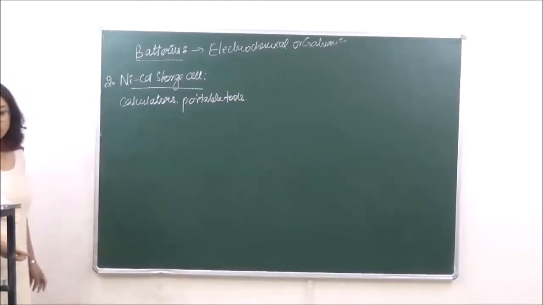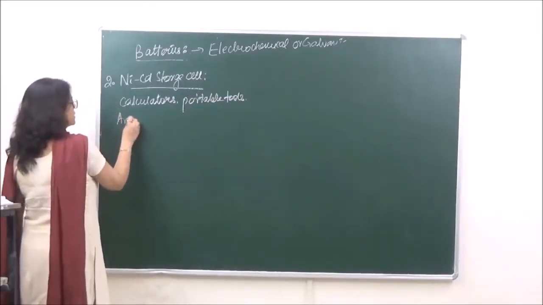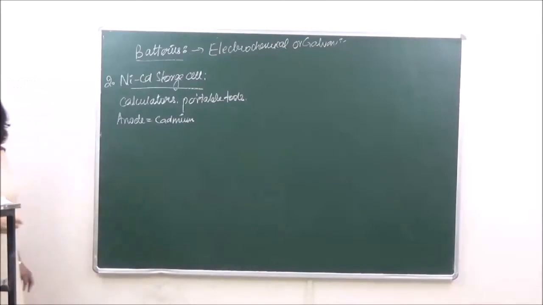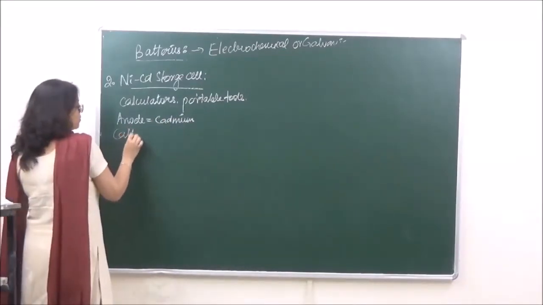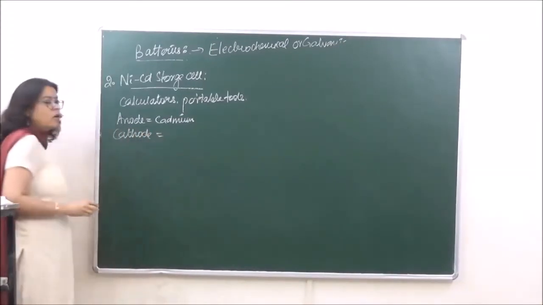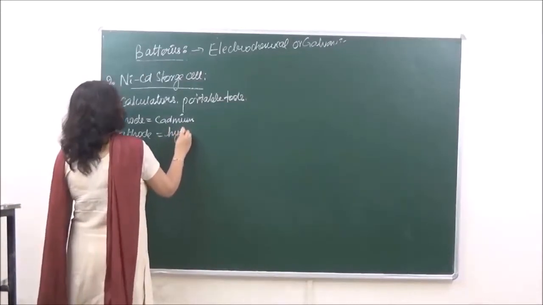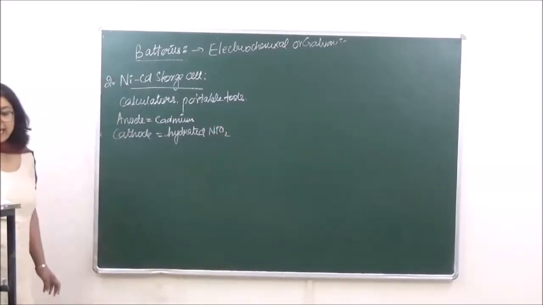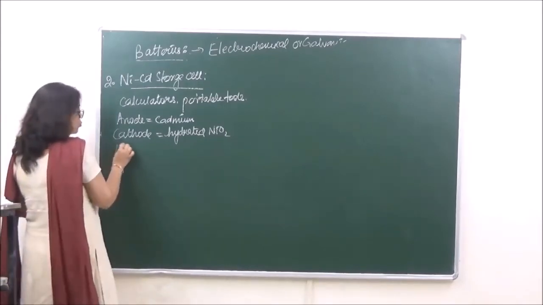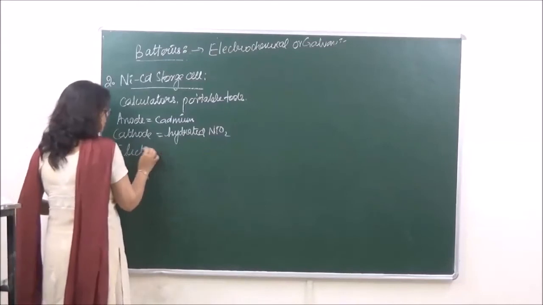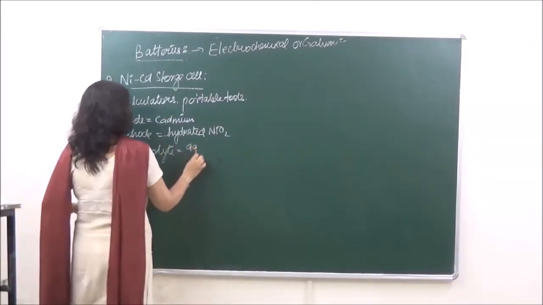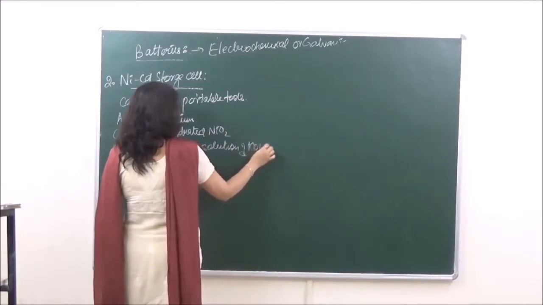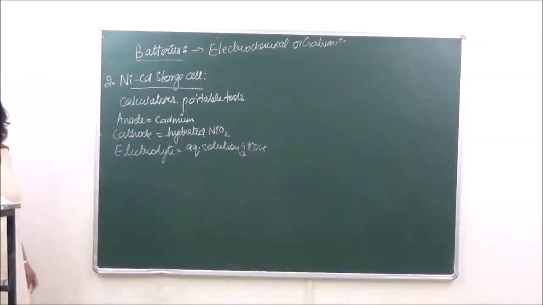In this cell, the anode is formed of cadmium, the cathode is formed from hydrated nickel oxide, and the electrolyte is an aqueous solution of KOH. So let's go on to the reactions.